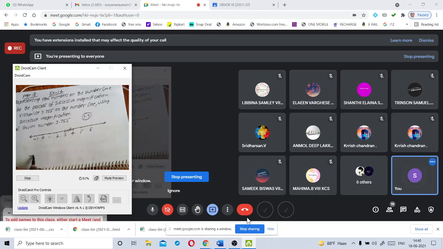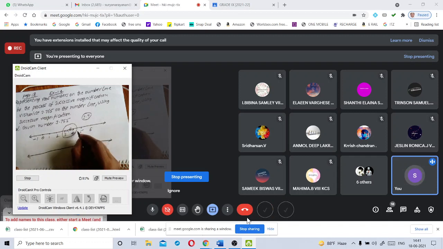Next, we draw a magnifying glass. This is a magnifying glass. We are showing that part by using a magnifying glass.